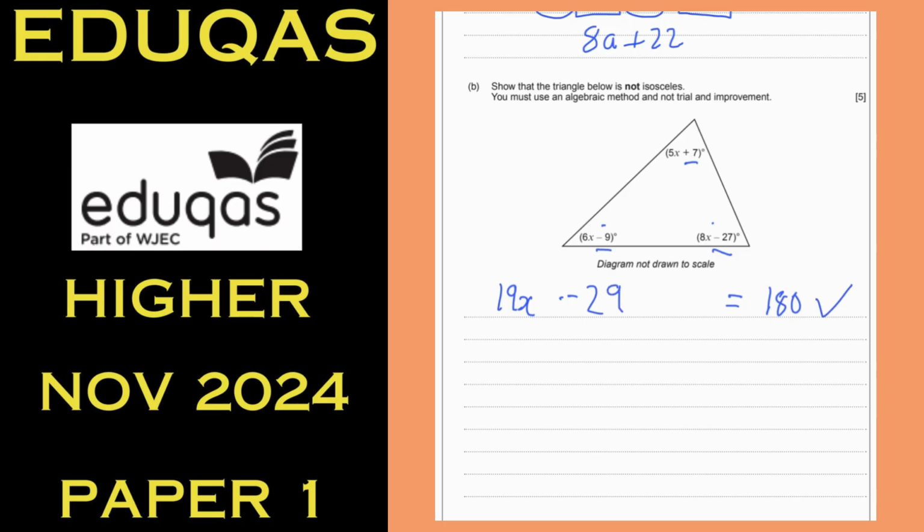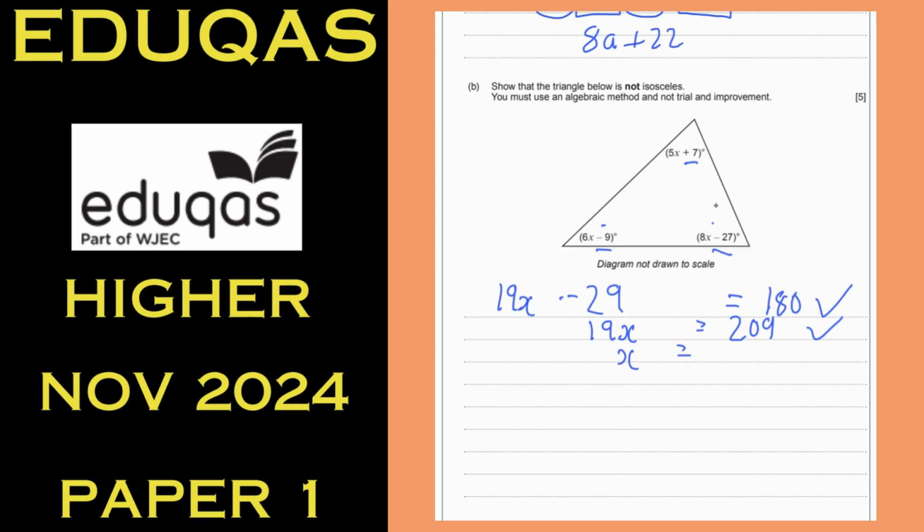You're bagging a mark for a line that's either unsimplified or not. On to the next bit, any correct bit of algebra, so for example, adding 29 to both sides gets you mark number 2. Then finding your value of x.